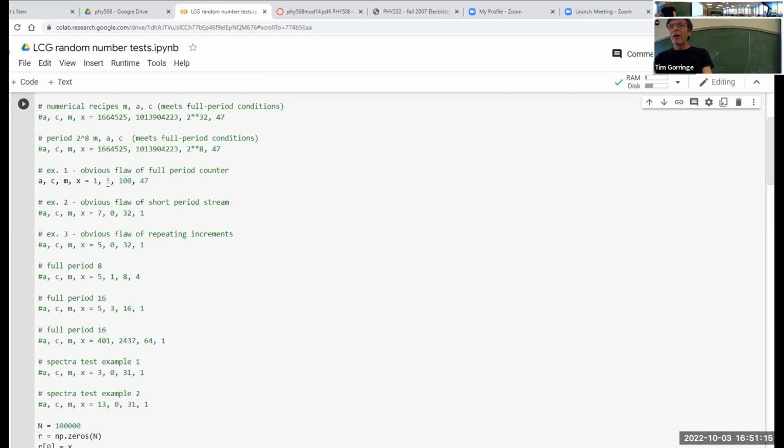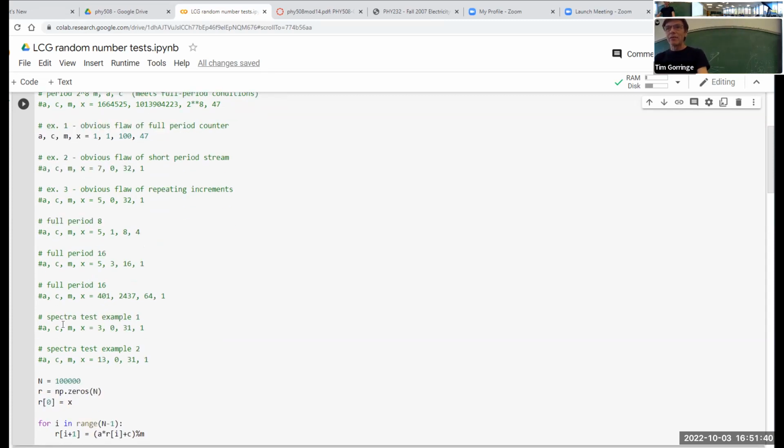And here I'm just picking, so the multiplier, I've got 1. For the constant, I've got 1. And for the divider, I've got 100. So let's see what happens if we do that.